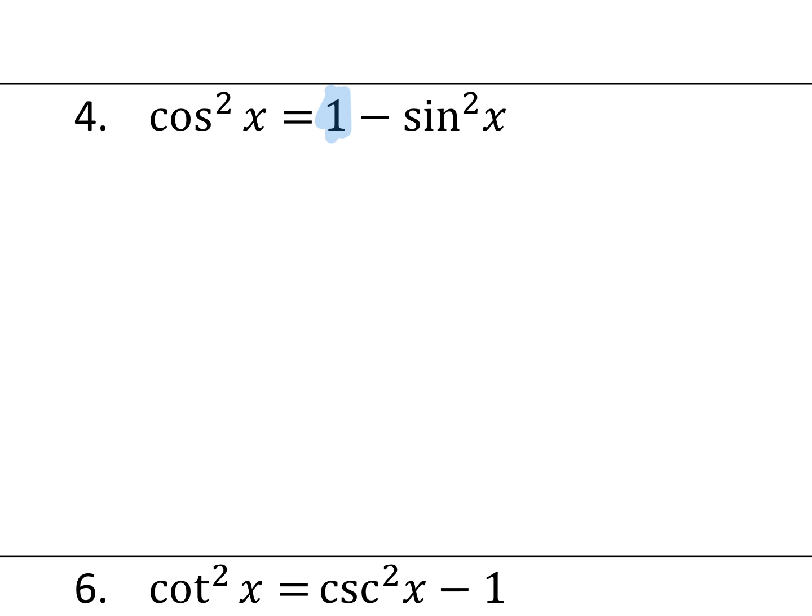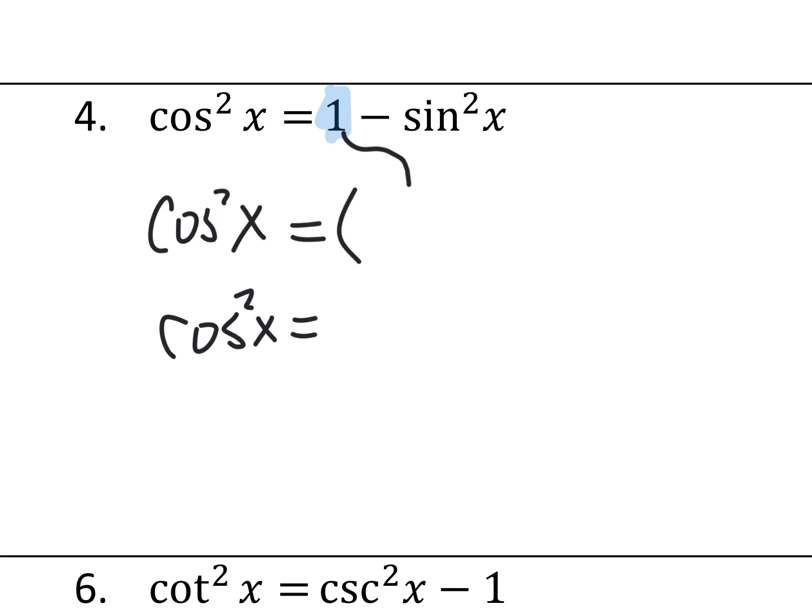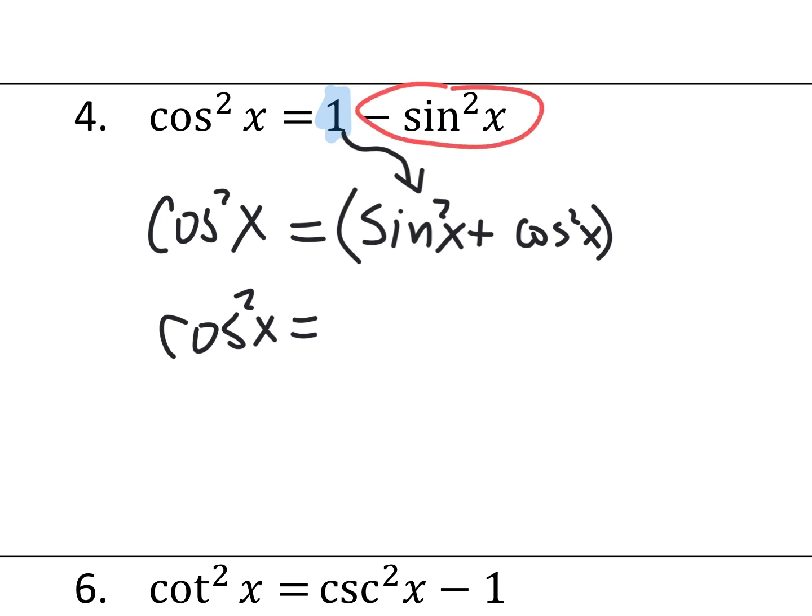So Claire, what are we replacing the 1 with? Sine squared. Keep going. Plus cosine squared. And then I'm just copying this down.